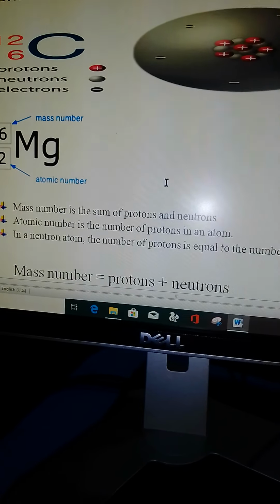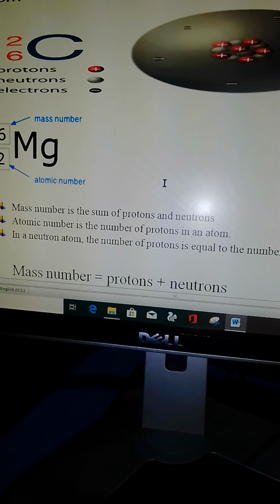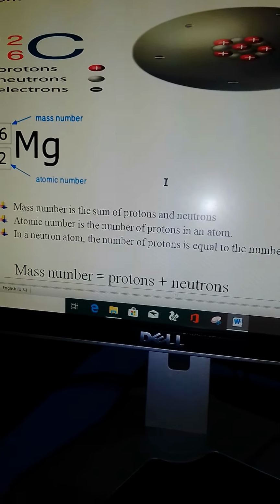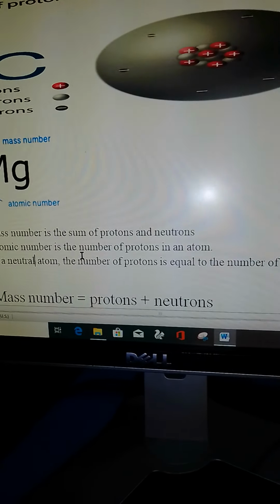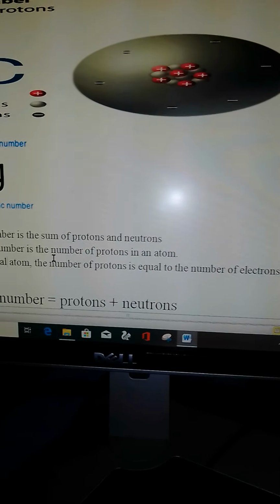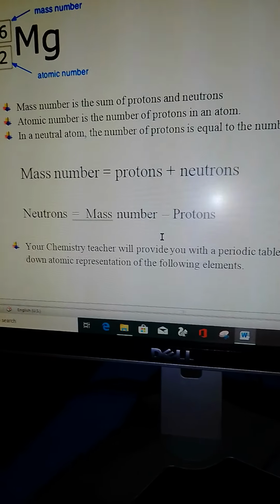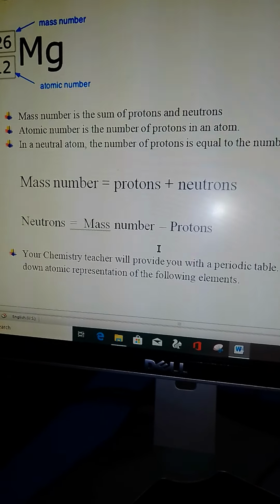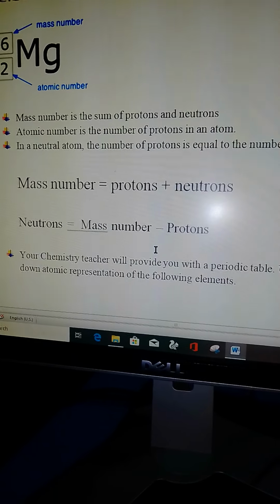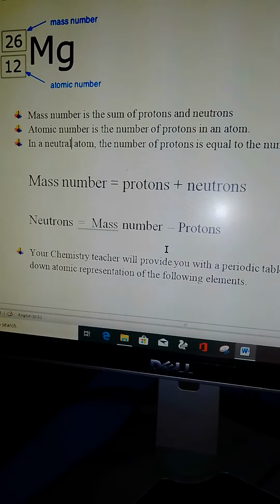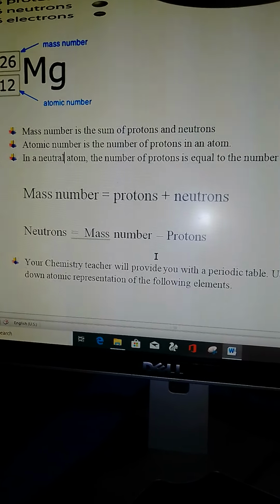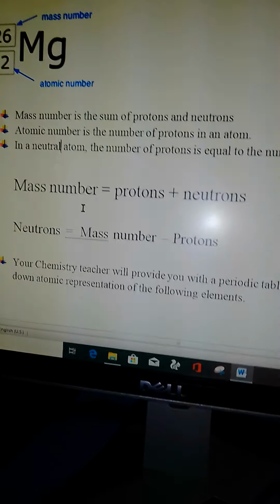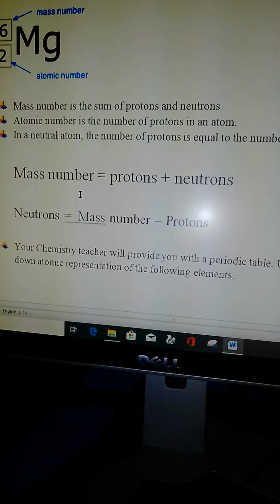In a neutral atom, the number of protons is equal to the number of electrons. Very, very important. Mass number is equal to protons plus neutrons, and the number of neutrons is equal to mass number minus protons.